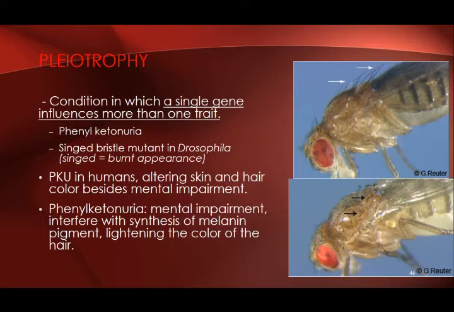So in phenylketonuria, you have mental impairment, and it interferes with the synthesis of melanin pigment and lightens the color of the hair. This waste, called phenylketone, will just stay in your blood. If it reaches your brain, it makes you a little bit low IQ. It interferes with synthesis of melanin pigment, so the color of your skin will not be created. So it actually causes the hair color to become light.